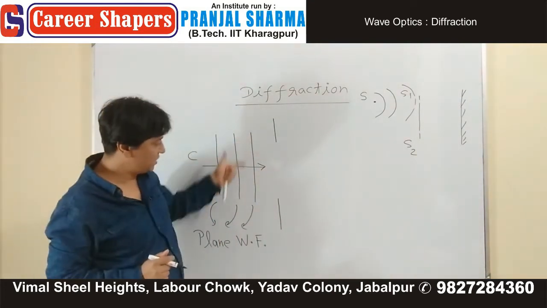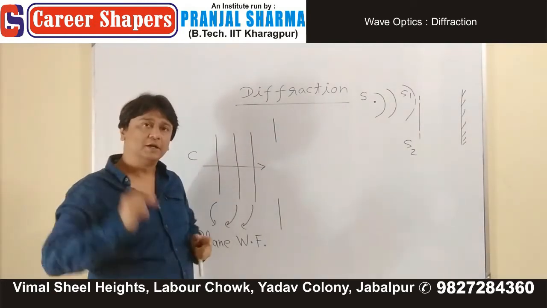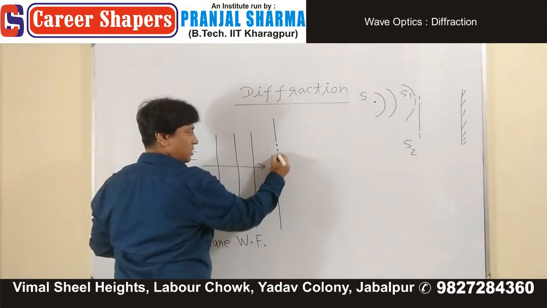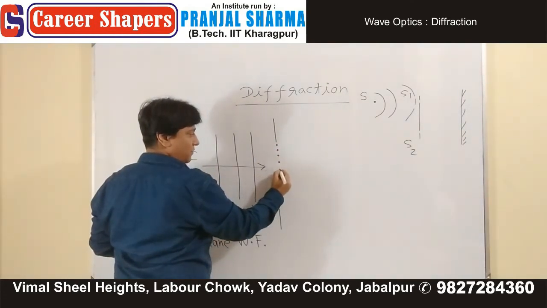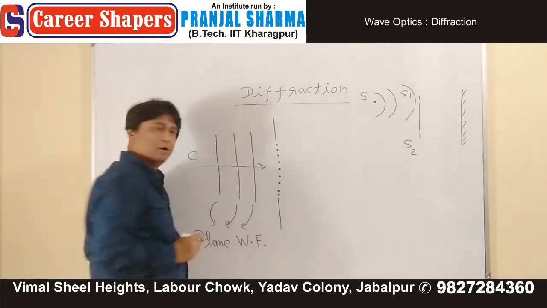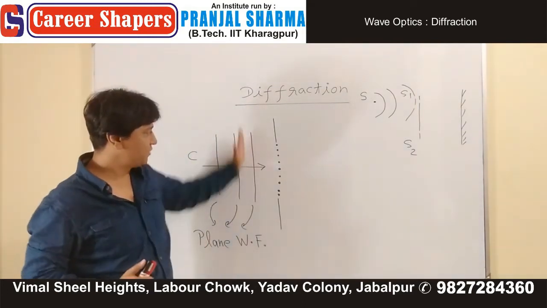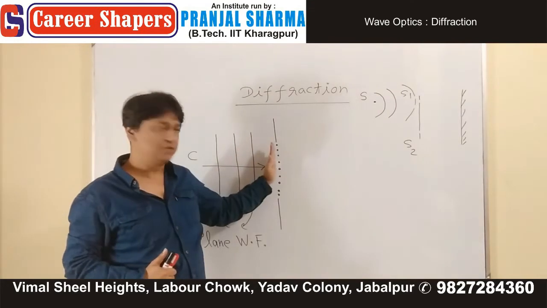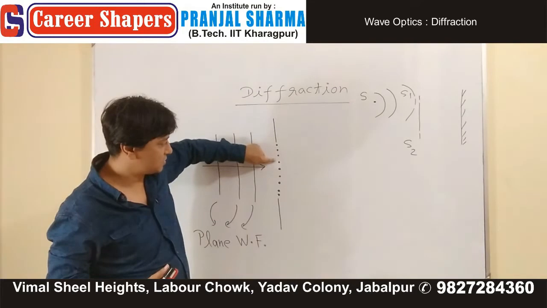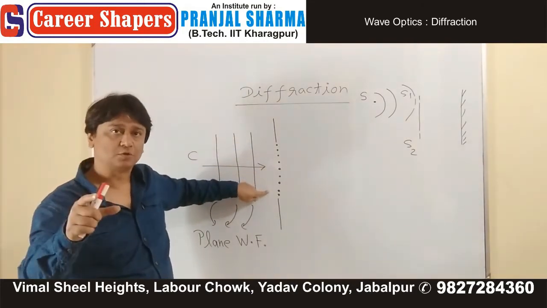Now, once a given wavefront reaches this opening, Huygens tells us that every part of this wavefront becomes what? A secondary source. So this plane wavefront has reached this opening, and every point is now a secondary source.